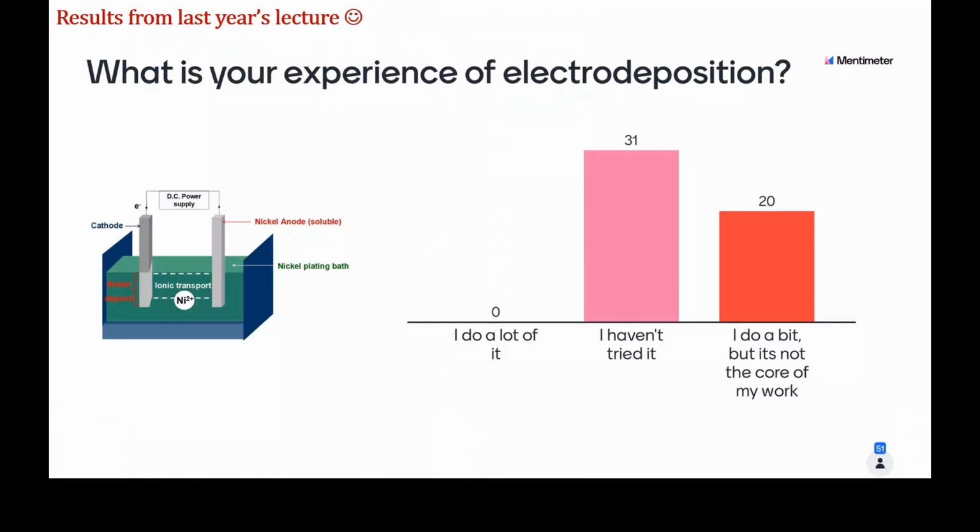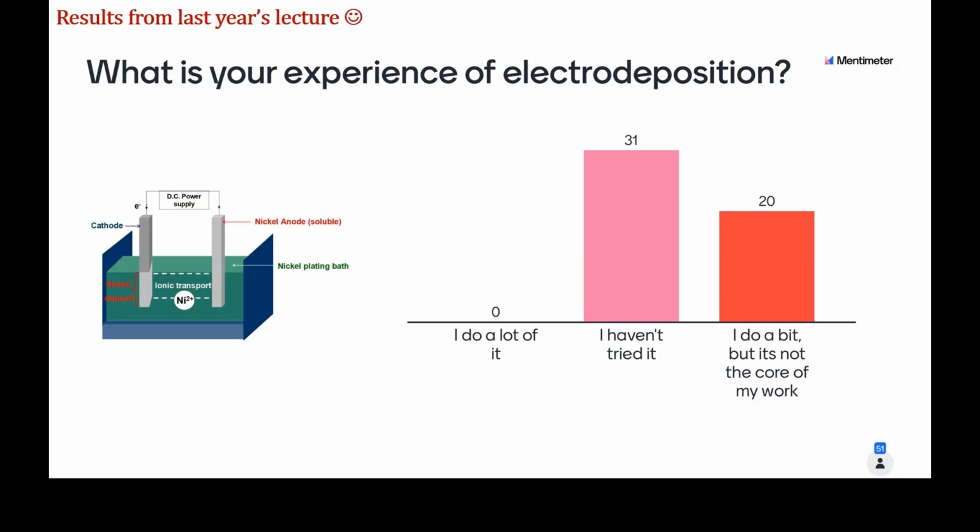Okay, so I anticipated that I would have less audience than last year, but just to explain how I tailored my talk. Last year I did this entire presentation online, and in order to break up the talk a bit, I asked the audience who actually does electroplating. The answer was that no one, at least from last year's audience, did it as a full-time project, either PhD or postdoc or whatever.